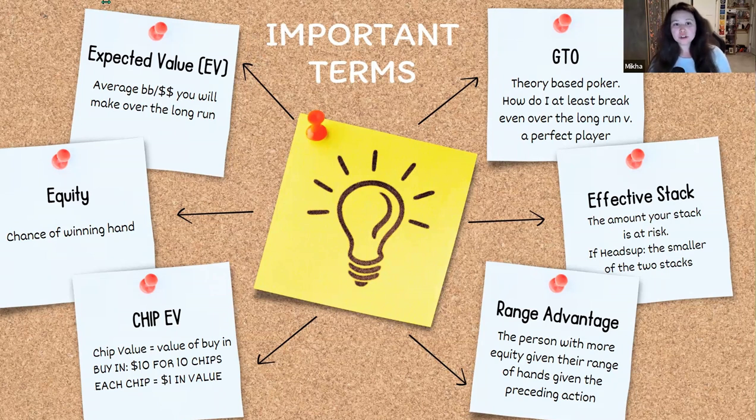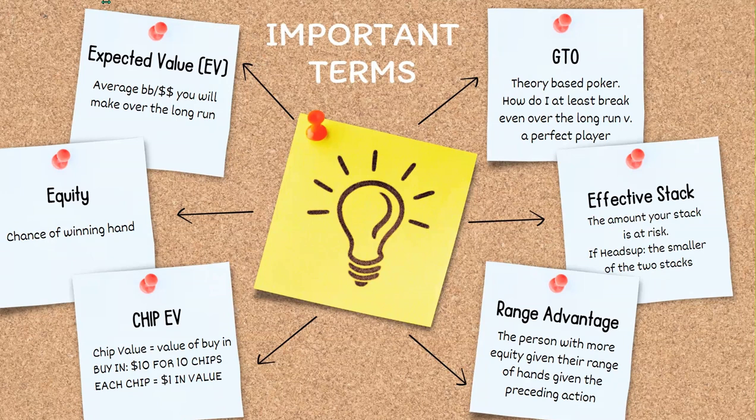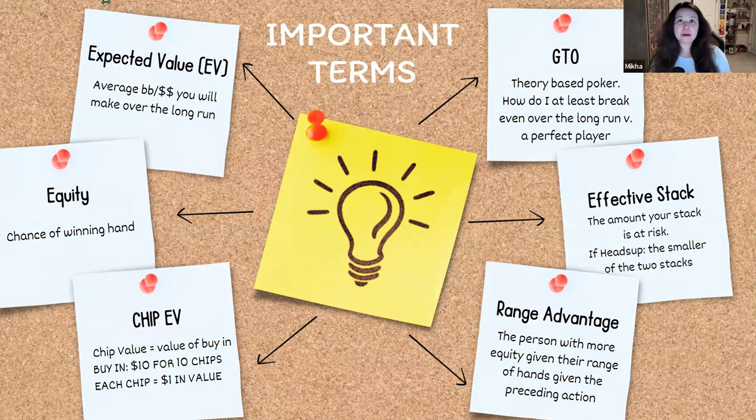If you were to fold pre-flop, what is the expected value, or how many average big blinds will you make over the long run? Zero. Perfect. When we're thinking about expected value, it's always in relation to something else. What we could compare it to is that $0 fold line. So 0 is going to be our equilibrium. You fold, you make $0 over the long run.